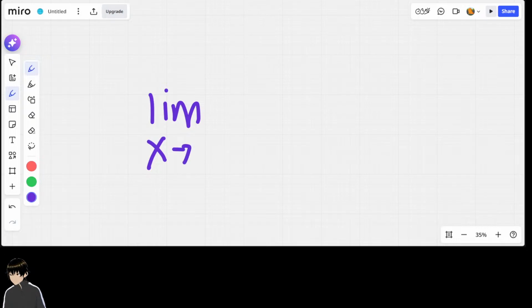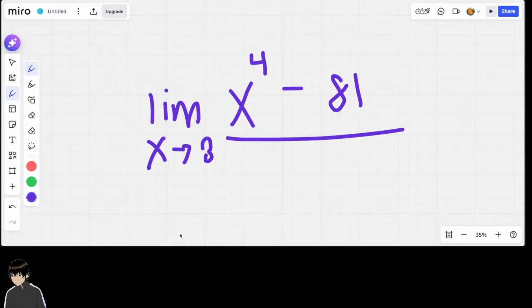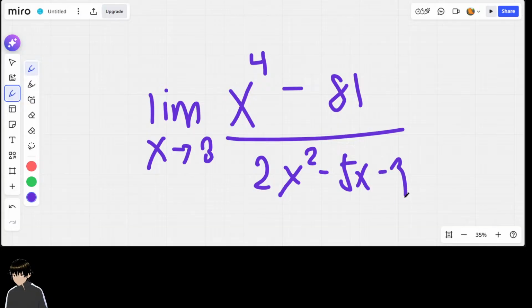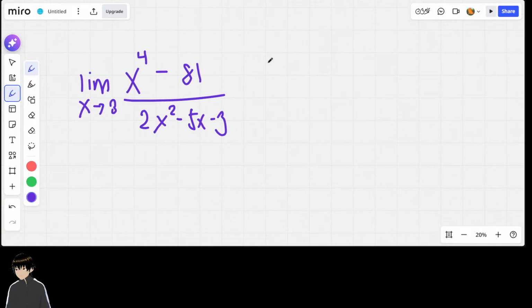So we have the limit as x goes to 3 of x to the power of 4 minus 81 over 2x squared minus 5x minus 3. So I think I can solve this now.